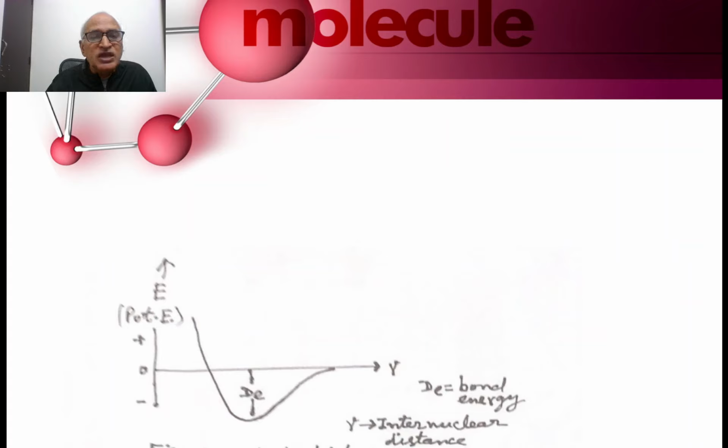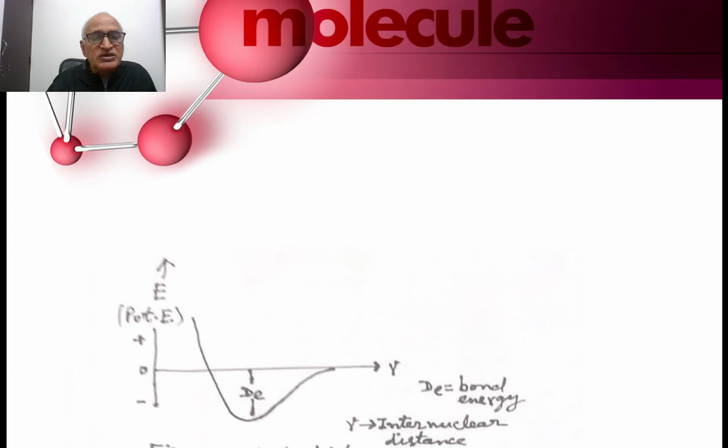Here in this slide, I have shown the Morse potential. You see very clearly that when two atoms come closer to form a bond, the potential energy decreases until it goes to a minimum, and that is the bonding situation.